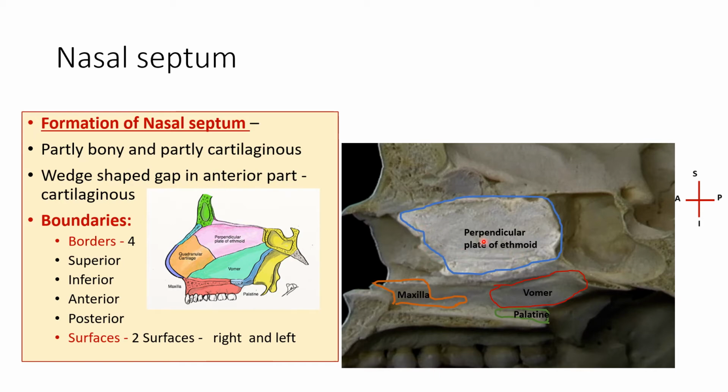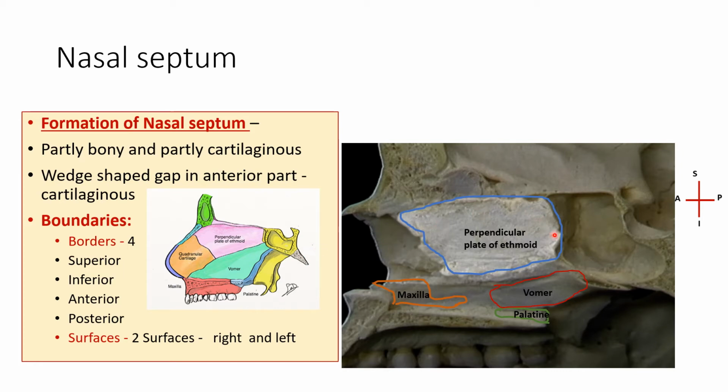In this picture you can see the bones contributing to the nasal septum. You can identify the perpendicular plate of the ethmoid and the vomer, which make the major contribution. Then there are smaller contributions from the maxilla and the palatine bones, and also from the nasal bone and the frontal bone, and the sphenoid can be learnt in the subsequent slides.